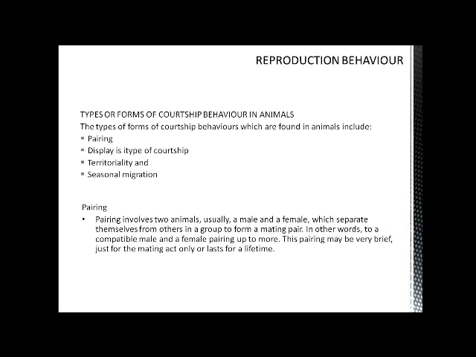In other words, it is just like forming a compatible male and female pairing group that happens, for instance, in man, where a man goes to a lady, proposes to her, they come together, and the two of them stay together after every other necessary thing is done, either for a short time or for their entire life.